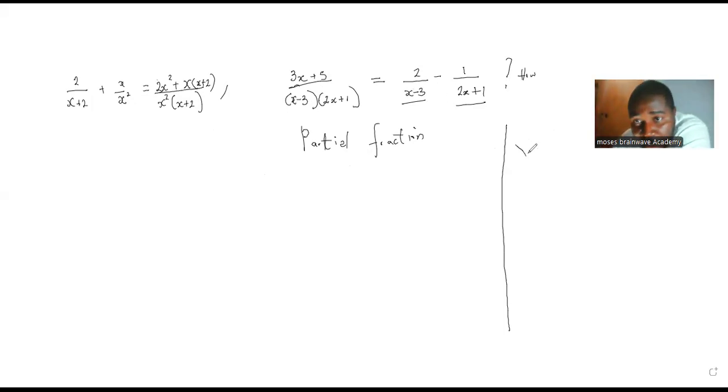You're going to get the general formula, for all expressions, even if the factors in the denominator are repeating. You're going to get all that figured out in this video.